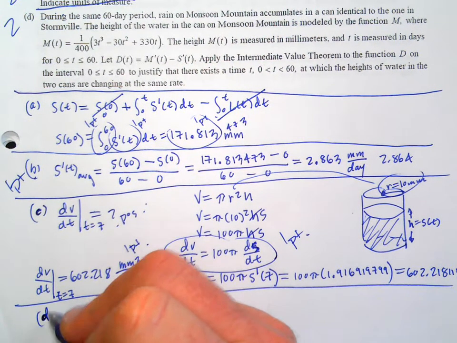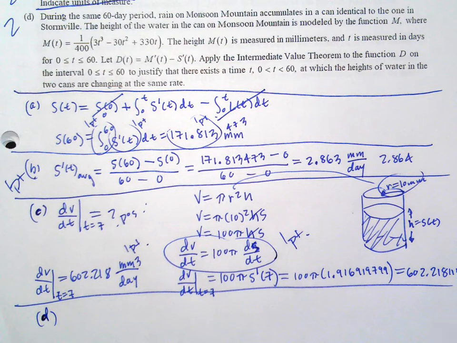Part D says, during the same 6-day period, rain on Monsoon Mountain accumulates in a can identical to the one in Stormville. The height of the water in the can on Monsoon Mountain is modeled by the function m. So this is a different one, and they're actually giving you the height of the water instead of the derivative. The height m is measured in millimeters and t is measured in days, just like that one, 0 to 60.